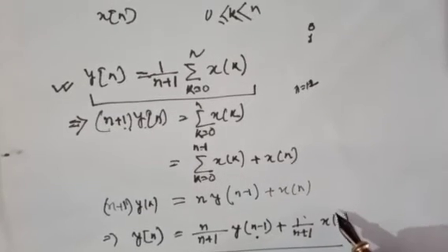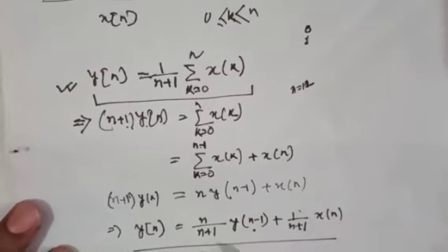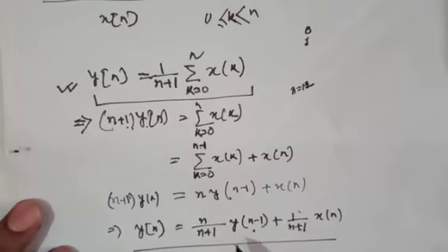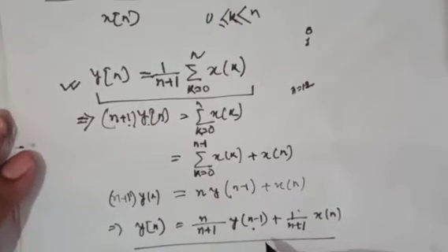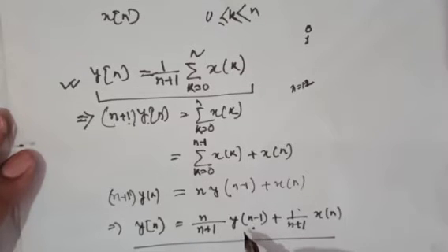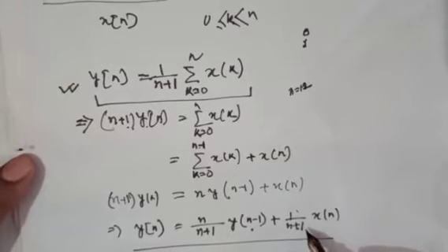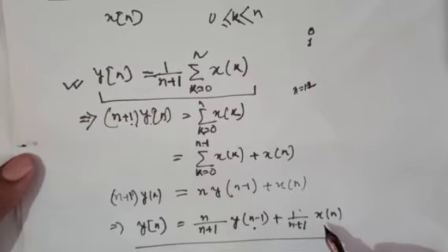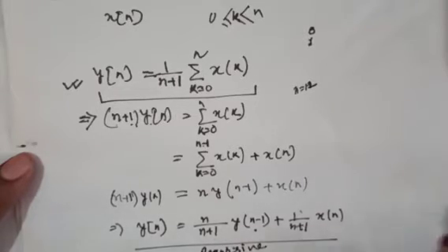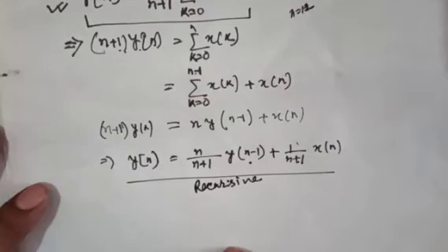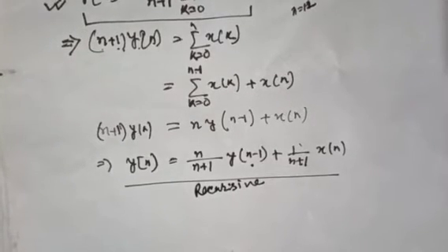Now you see, when you realize this system, you need only one memory, that means to store just the past value of the output, and there are no past inputs, only the present input. So this is called a recursive system.